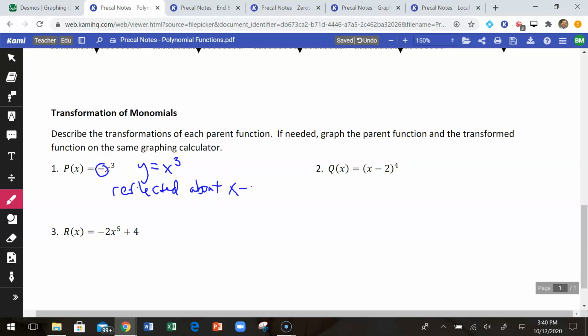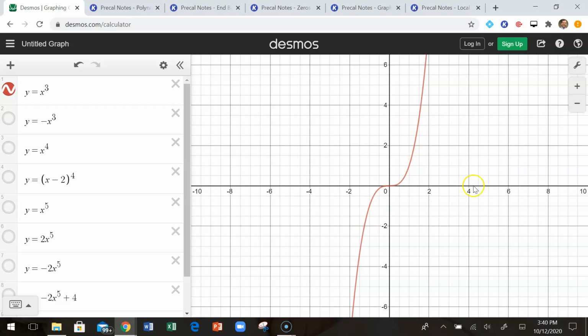To show you that, I already have graphed y equals x to the 3rd, and then y equals -x to the 3rd is simply just a reflection of that about the x-axis. So this gets reflected down here, and this part here gets reflected up here.